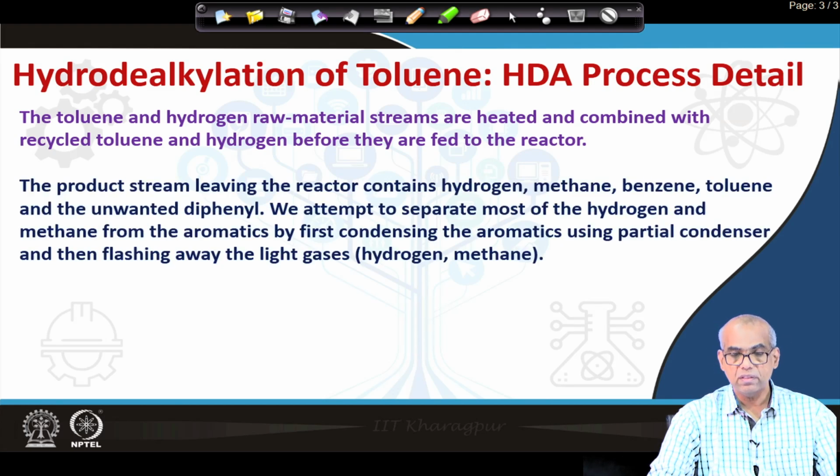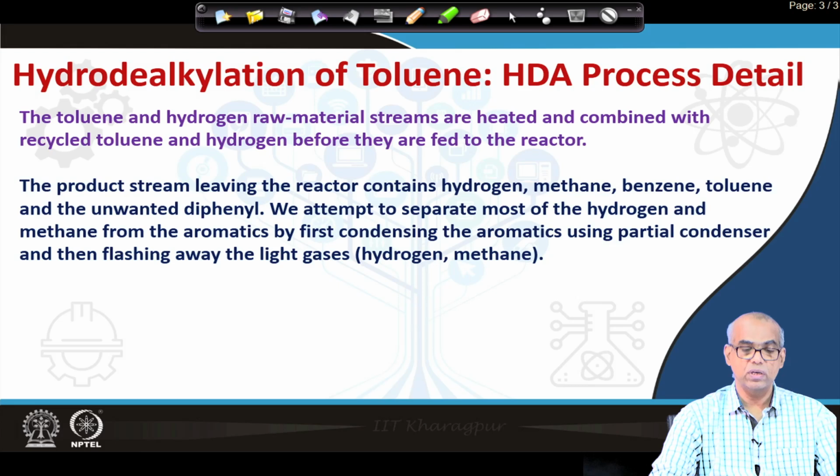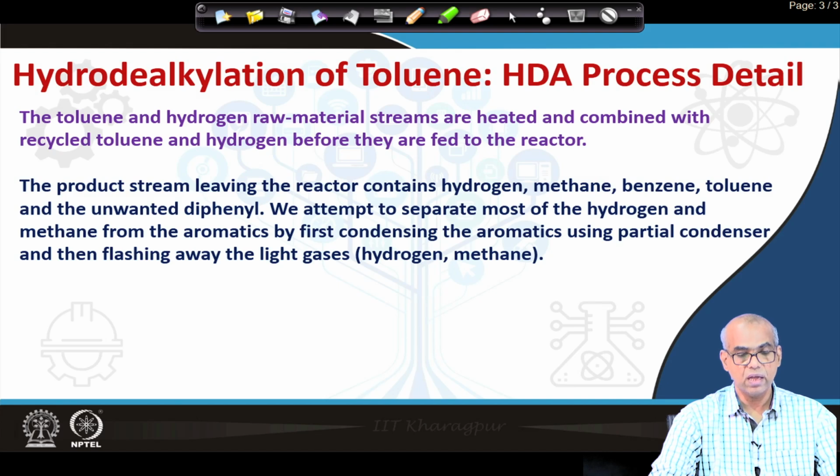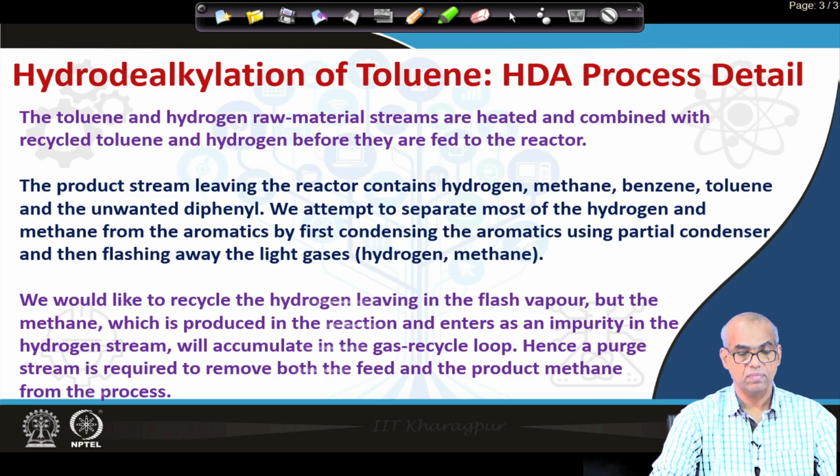The product stream leaving the reactor contains hydrogen, methane, benzene, toluene and the unwanted diphenyl. So, there is product as well as unwanted byproduct, also the unreacted stuff. We attempt to separate most of the hydrogen and methane from the aromatics by first condensing the aromatics using a partial condenser and then flashing away the light gases, which are hydrogen and methane.